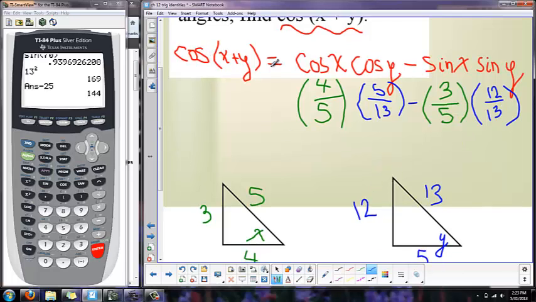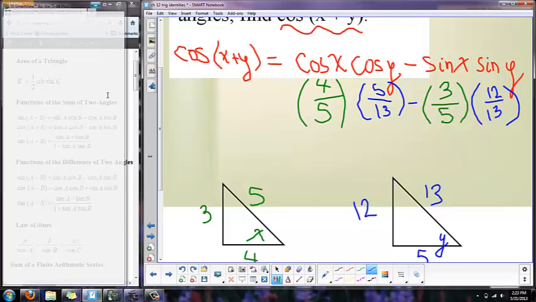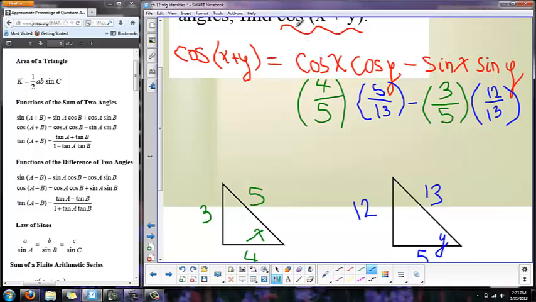Okay, so cosine of x plus y, you write out what the equation is by taking a look at your reference sheet, plug in all the missing parts that you need, and then just go right through and do the math.